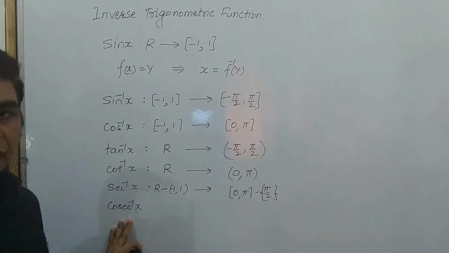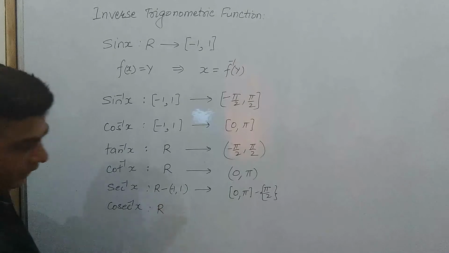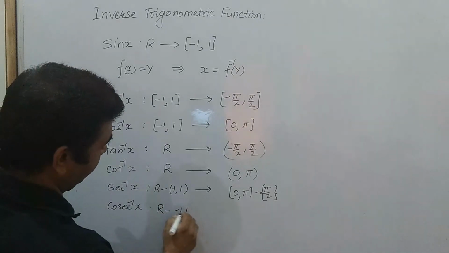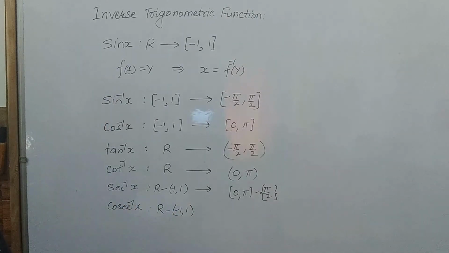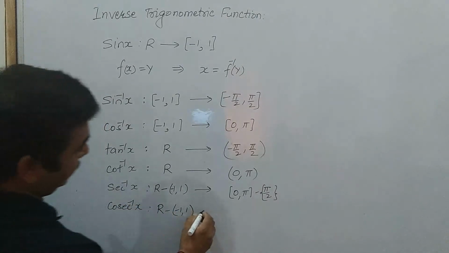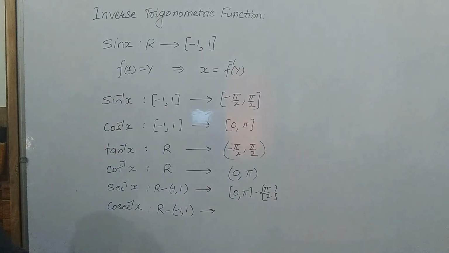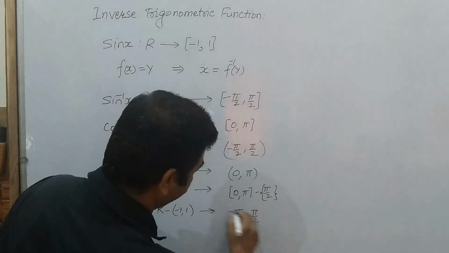For the last, cosecant inverse x, the domain is all real numbers except -1 and +1, same as in the case of secant inverse x, but the range of this function will lie between -90 to +90 except 0.